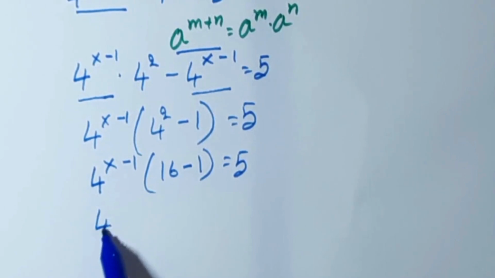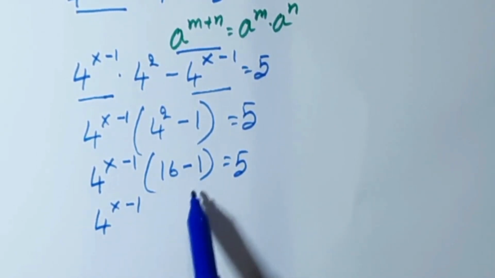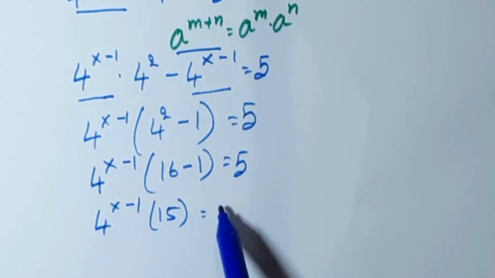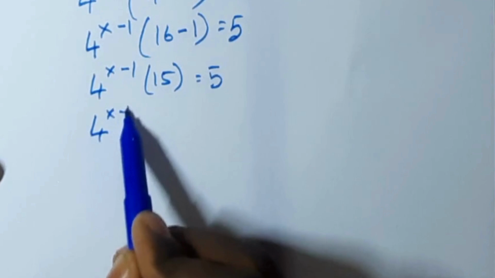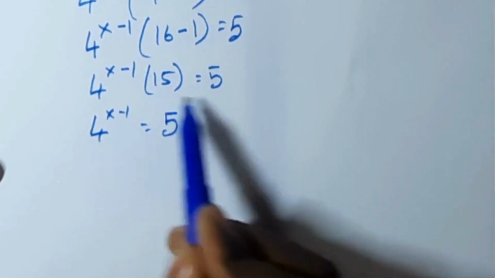So 4 to the power of x minus 1, 16 minus 1 is 15, equal to 5.